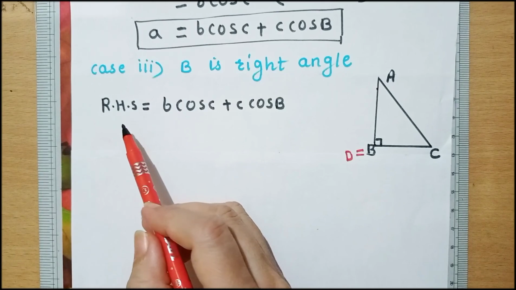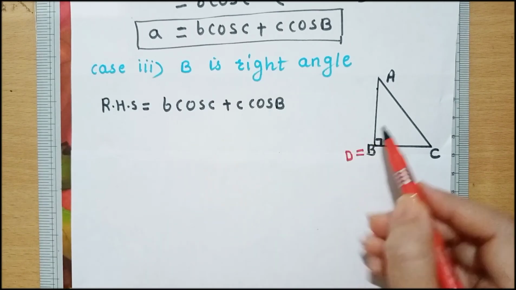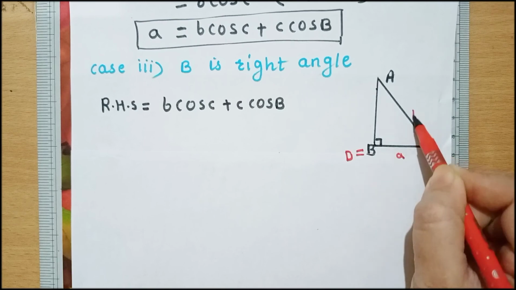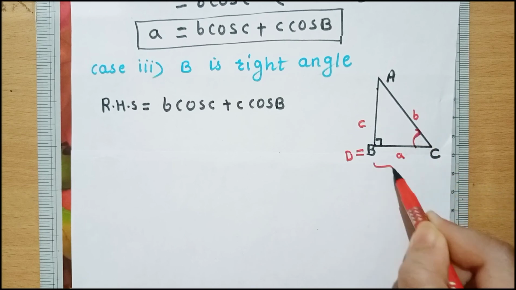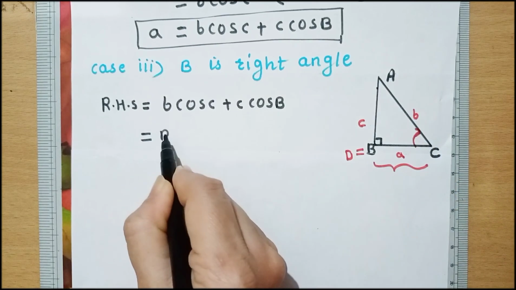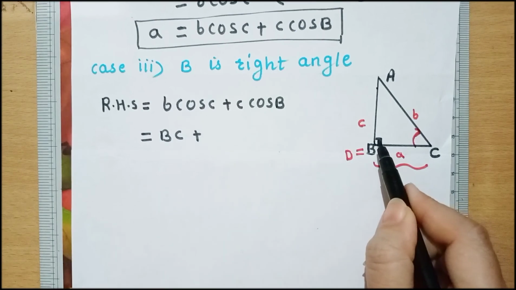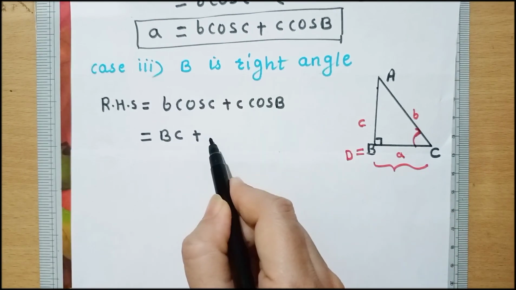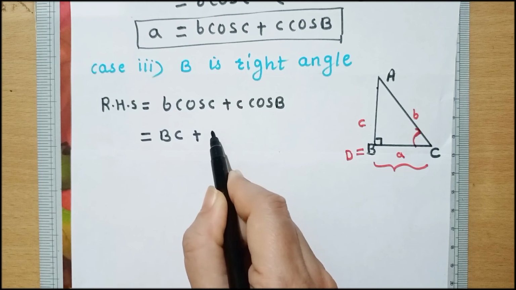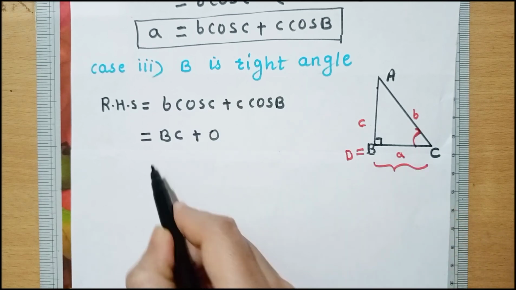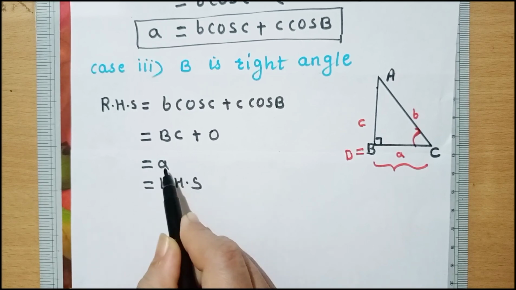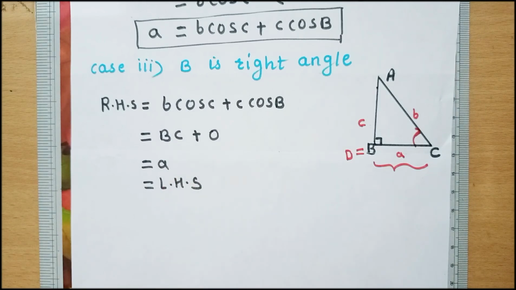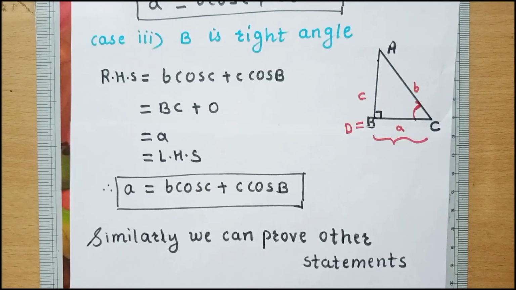We will start from the RHS, B cos C plus C cos B. Now again this is small a, this is B, this is C, and B cos C means this side, this is BC plus, now check angle, B is 90, so cos B means cos 90, which is 0, and the length of BC is small a, that is equal to the LHS. So we have proved that A is equal to B cos C plus C cos B. Similarly, we can prove the other statements.